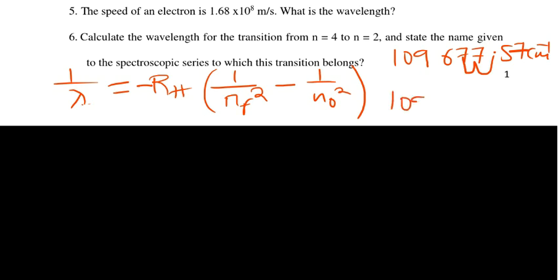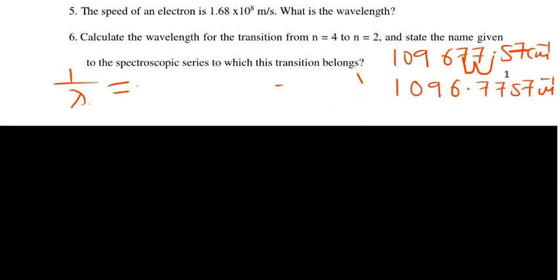So we have 1,096.7757 meters negative 1. Okay, so we can now substitute to get the wavelength. So 1 over wavelength is equal to, what do we have there?